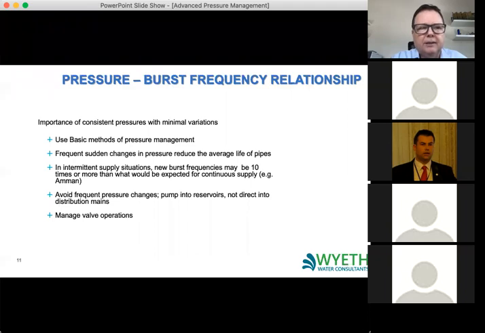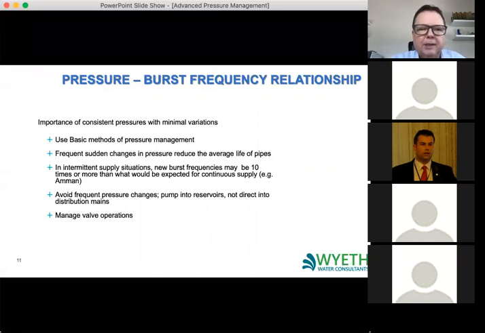These sudden changes are going to give you the frequent bursting problem, but they're also going to affect the lifespan of your pipes as well. Some of the research that's been done has looked at intermittent supplies, which is the ultimate in terms of transients, because every time that a water supply gets turned off and then turned on again, you're inducing surges down your pipelines, which can be very high.